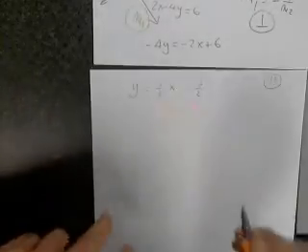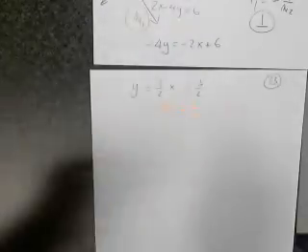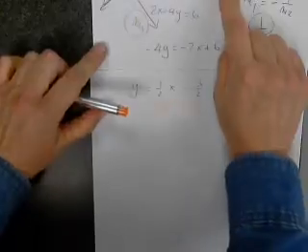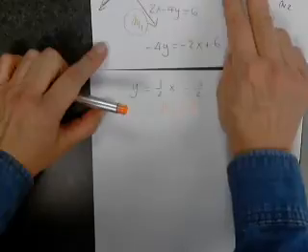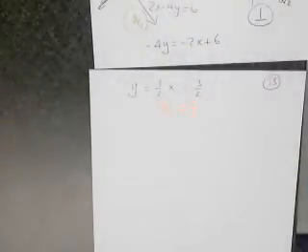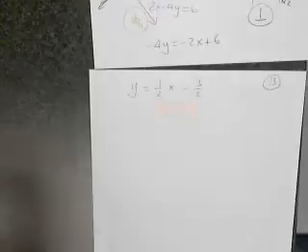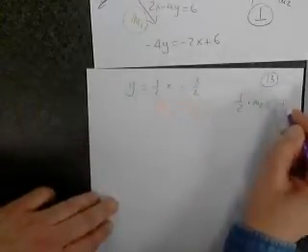Excellent. If M1 is 1/2, how much should M2 be such that the product is negative 1? In other words, I'm asking 1/2 times blah equals negative 1. Okay, let's say we don't see it. 1/2 times M2 equals negative 1.